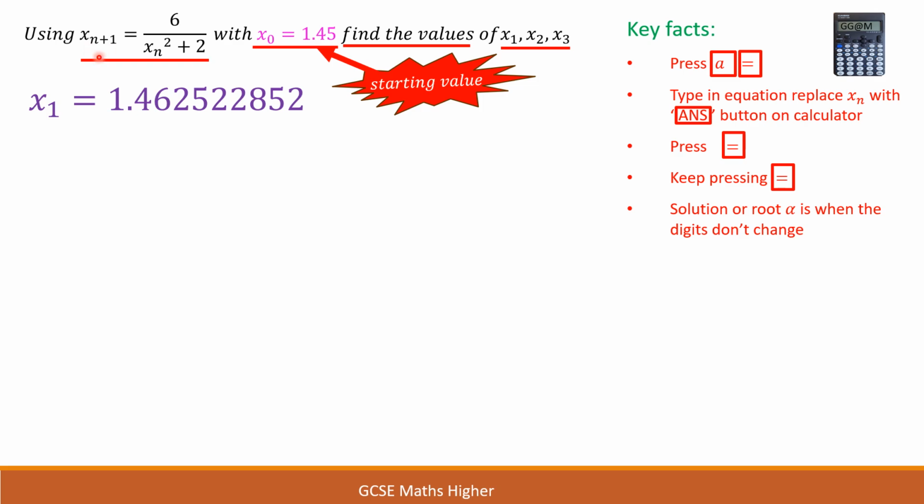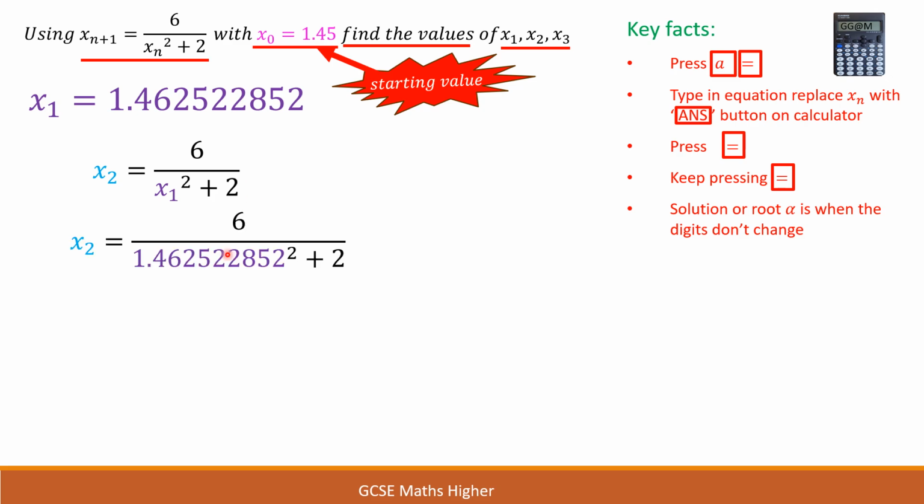So the left hand side is x2 because 1 plus 1 is 2. So I've got x2 is equal to 6 divided by x1 squared plus 2. But we know x1 is 1.46, etc. So we can write the whole of that value in.